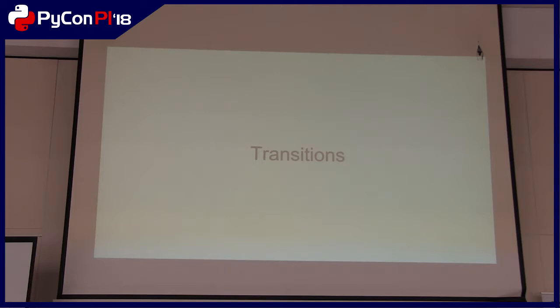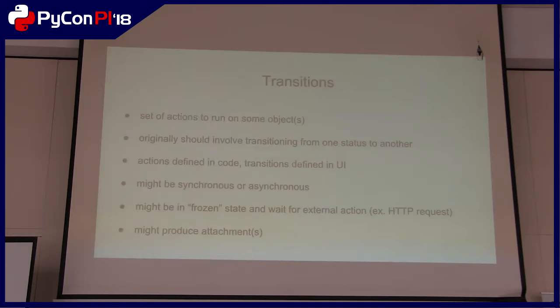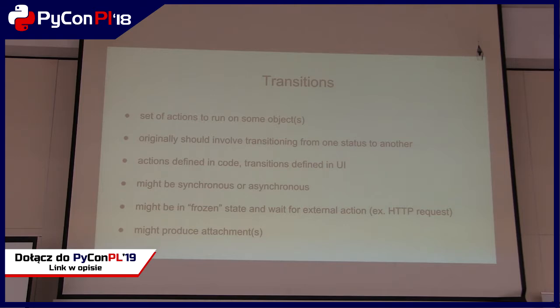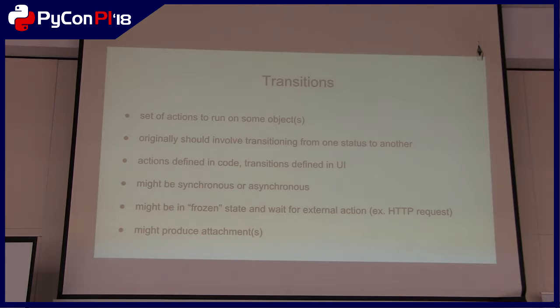So the next feature I will show is transitions. A transition is a set of actions to be executed on some single or many objects. Originally the thought behind it was that it should move the object from one state to another, change some status or state of the object. But eventually we left this condition.